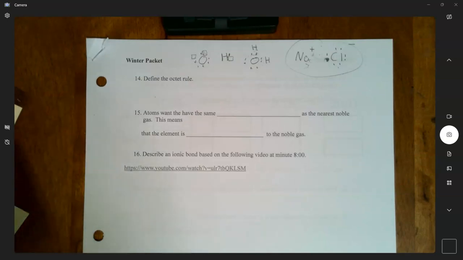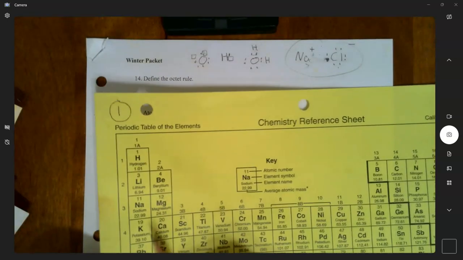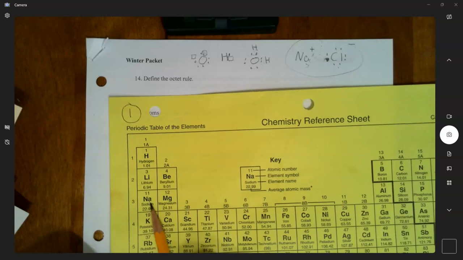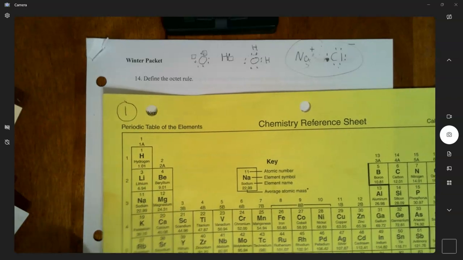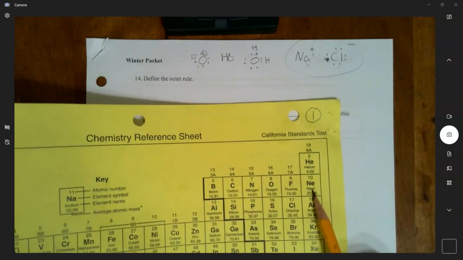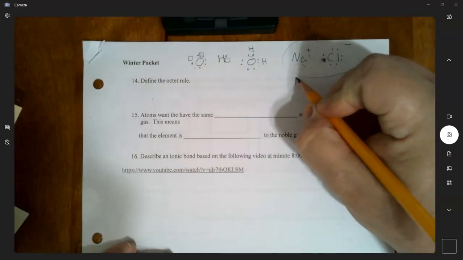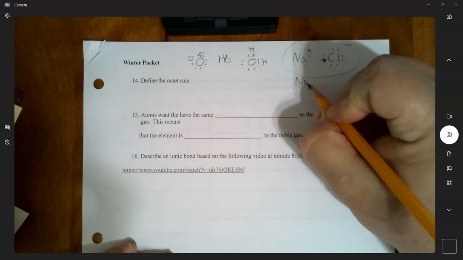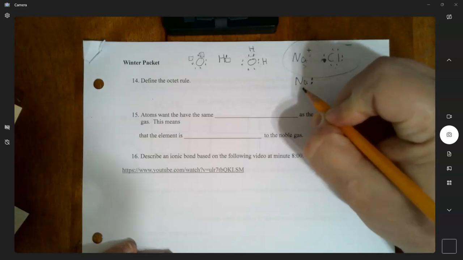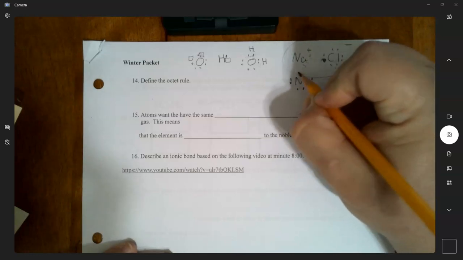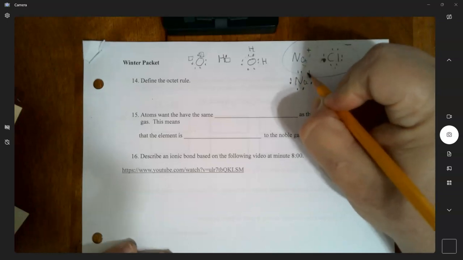Okay, so once sodium has lost that electron, it loses the electron in the 3rd orbital, so it now goes back and now has the electron configuration of neon. So if you were to draw its Lewis dot structure, it would have a full octet, but it would also have a plus sign there.